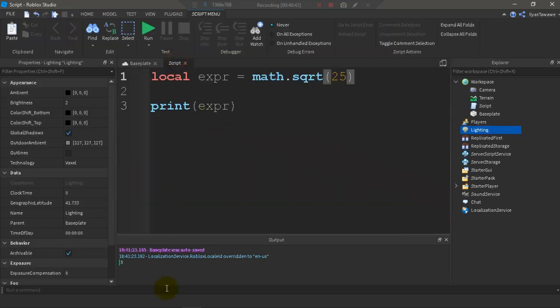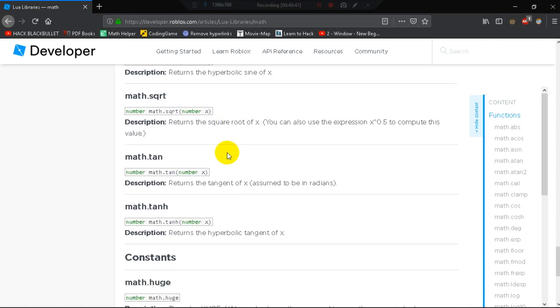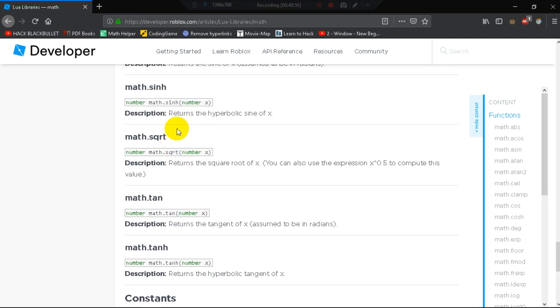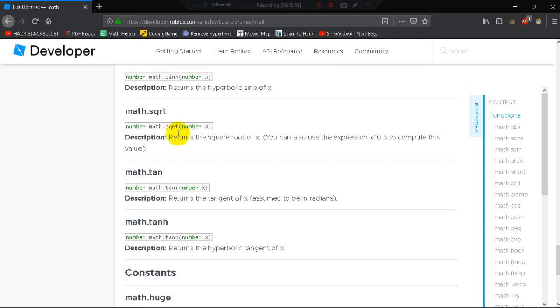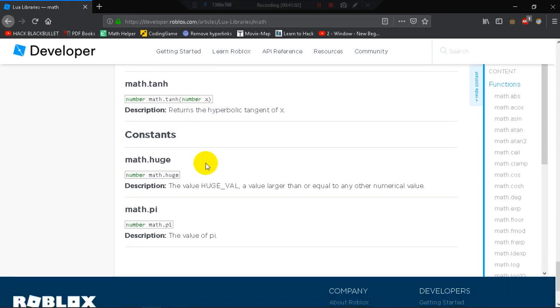So yeah, really simple. I'm telling you that so even little kids can understand what's going on right here. The square root and the power, just like you learn in school until college. And the constants, we all know them.